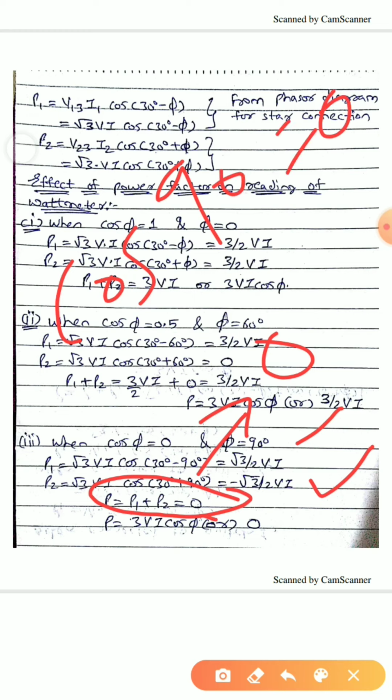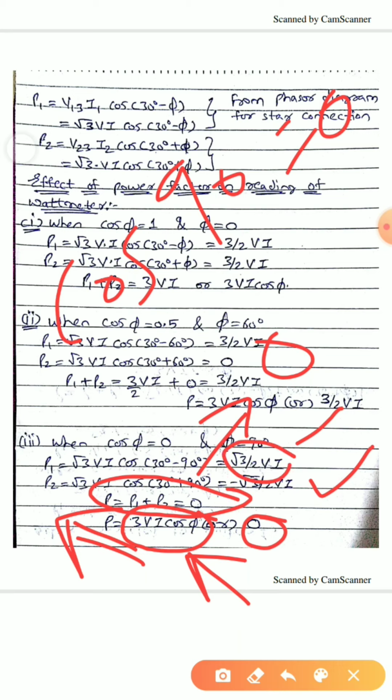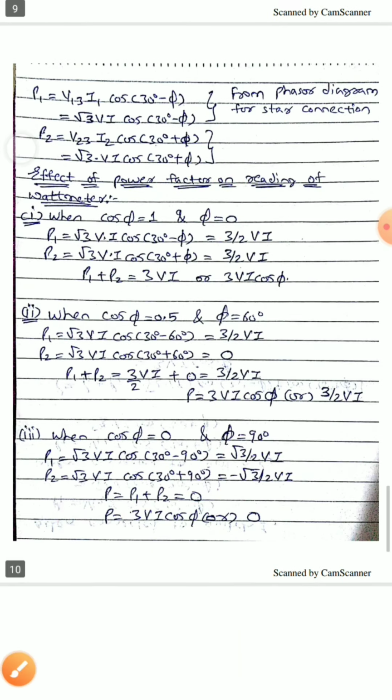So I can write it as 3 Vi cos phi, or 0. Here also we can clearly see that when the power factor's value is 0, I am getting the measurement because of the three phases. With zero power factor, the readings of the two wattmeters are equal, but they are in opposite direction, therefore the value becomes 0.